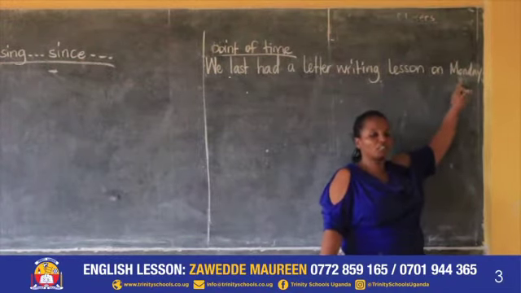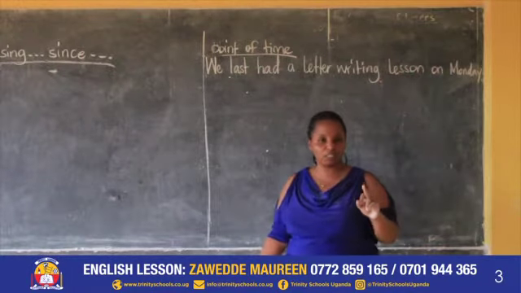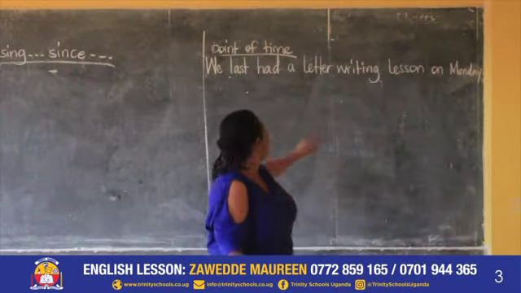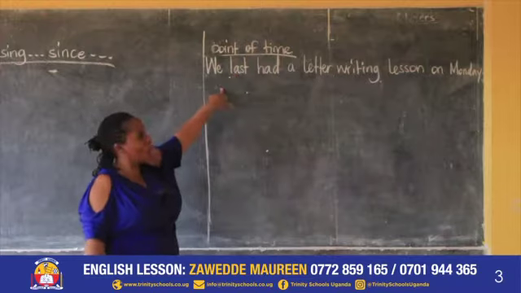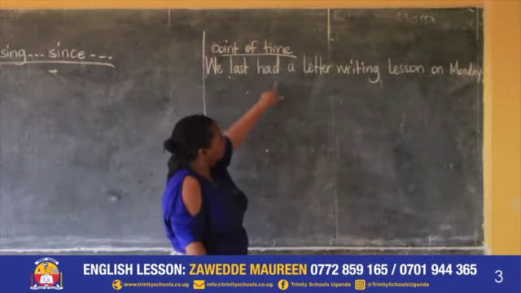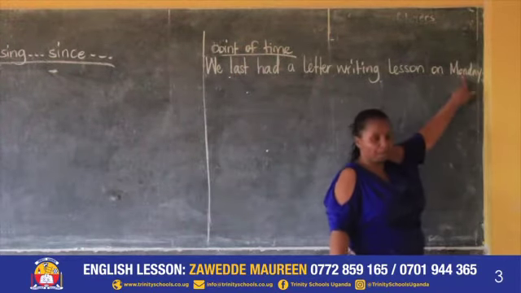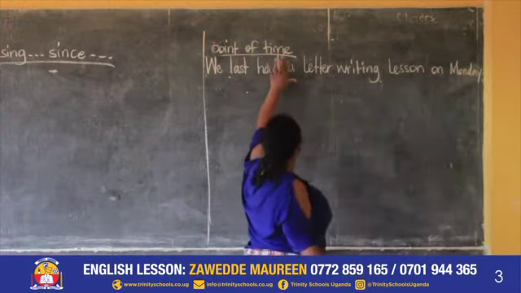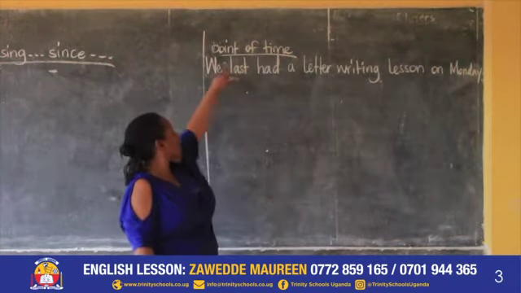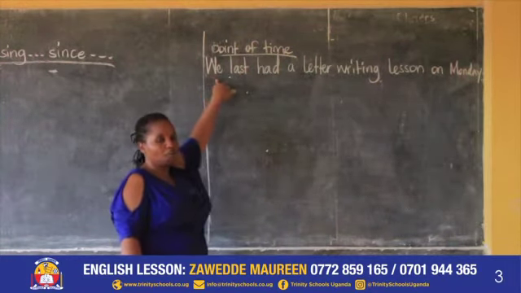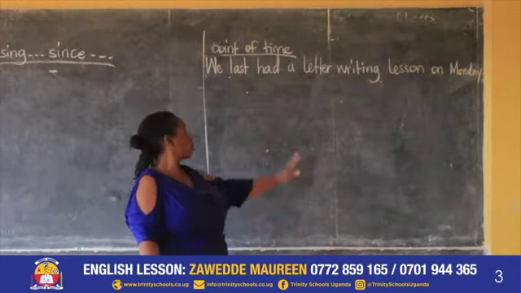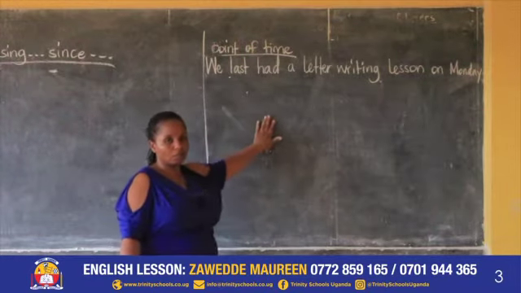On Monday, supposing today is Friday. That is why I brought in this word last, to express the point of time when this action of letter writing last happened. So the setter can say, rewrite this sentence.